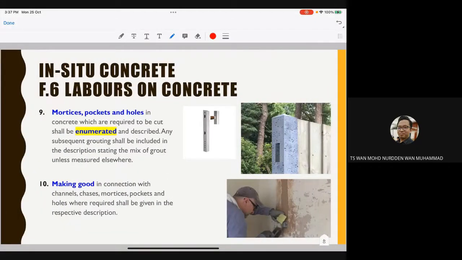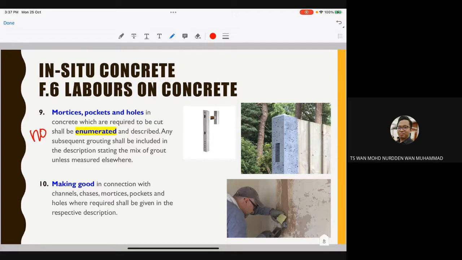Okay, number 9. Mortises, pockets and holes in concrete which are required to be cut shall be enumerated. Enumerated nombor lah kan. Okay. And describe. Any subsequent grouting shall be included in the description stating the mix of grout unless measured elsewhere. Okay. Apa maksud dia?